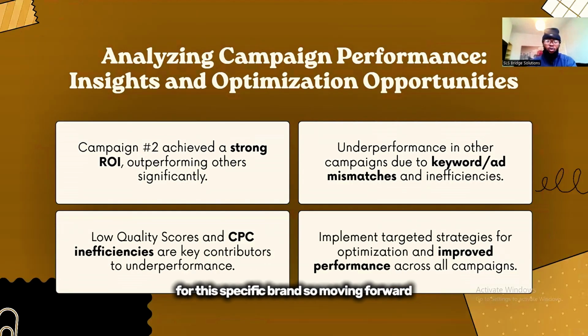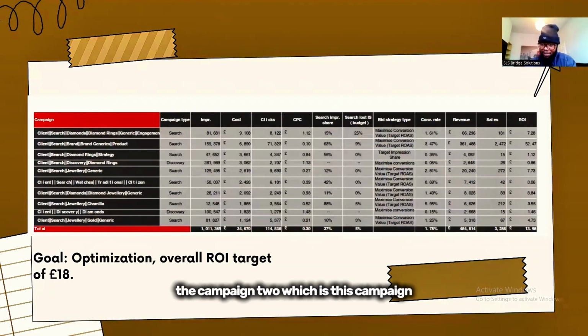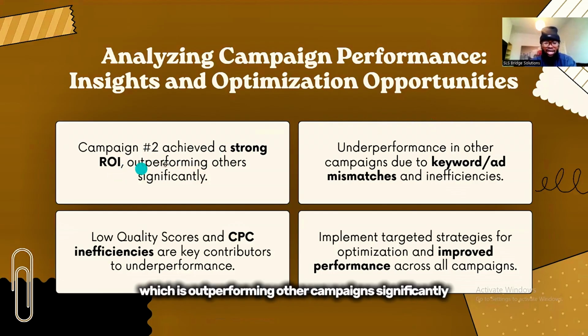Moving forward, in analyzing the campaign performance and the optimization opportunities, we can see that campaign 2 is giving us a 52 ROI. This is the best performing campaign that we have, and we are also trying to improve it. The insight is that campaign 2 achieves a strong ROI, significantly outperforming other campaigns.